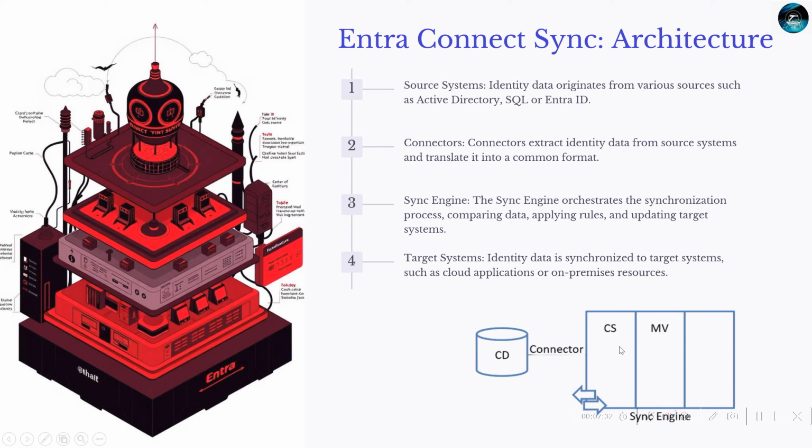Then the identity data is synchronized to target systems, such as cloud applications or on-premises resources. And as mentioned in the previous slide, the connector space is like a temporary storage area for data from data sources, and the Metaverse combines data from all sources into one unified view. This figure here shows the flow, connector space namespace, and the Metaverse namespace within the Sync Engine.